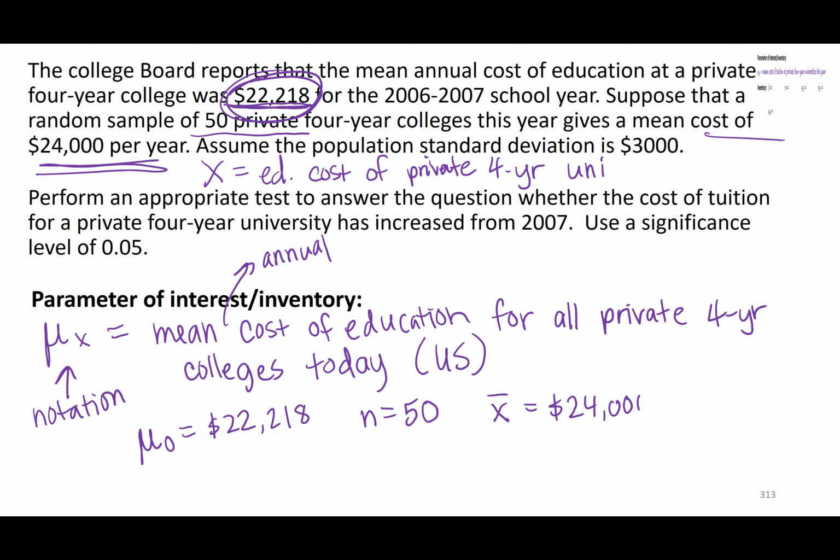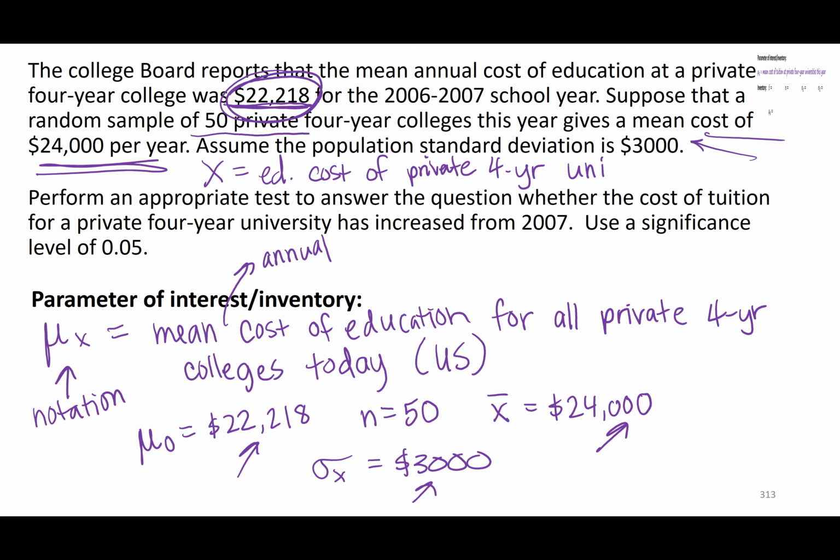I've never taken a sample of 50 anything and had a mean that was that friendly. And then we have a population standard deviation of 3,000. That's sigma of X, $3,000. Just things to note: mu, X bar, and sigma of X are all going to have whatever units the variable of interest is collected in.